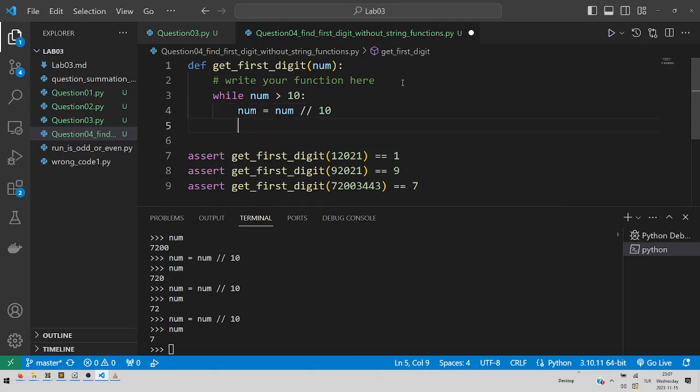Then here at last I will return num. That's it. And let's run this code. Run without debugging.